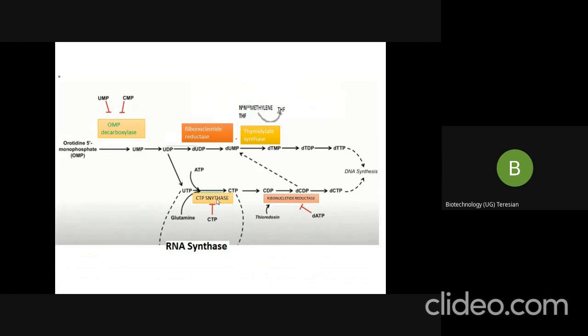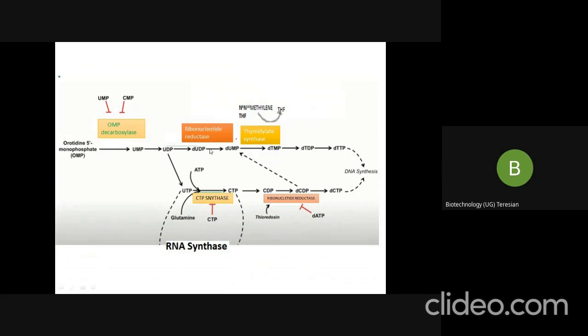So in this side reaction, this is your main reaction, right? The UDP can also get converted to UTP, uridine triphosphate. And in the presence of the enzyme CTP synthase, it gets converted into cytidine triphosphate.